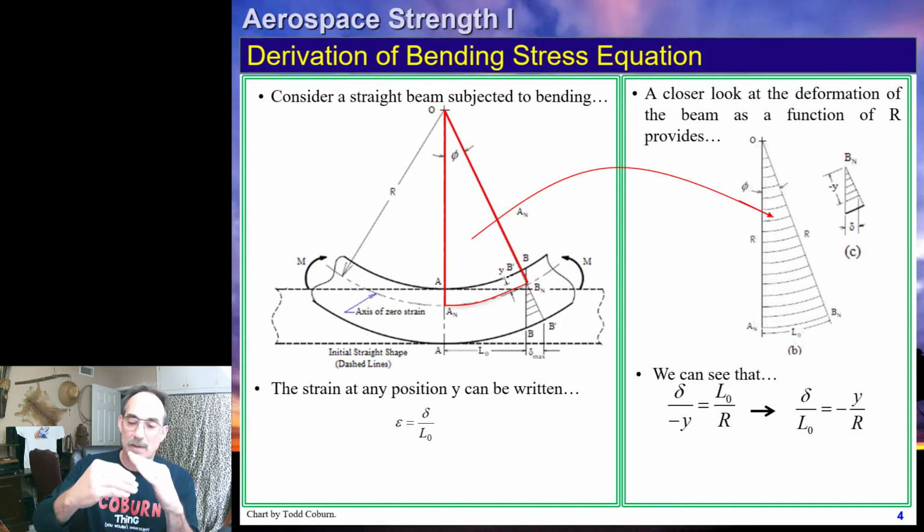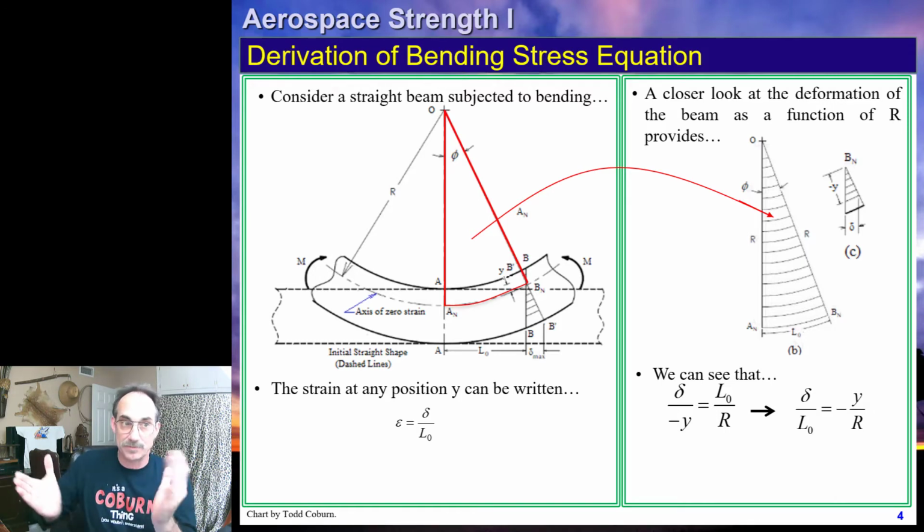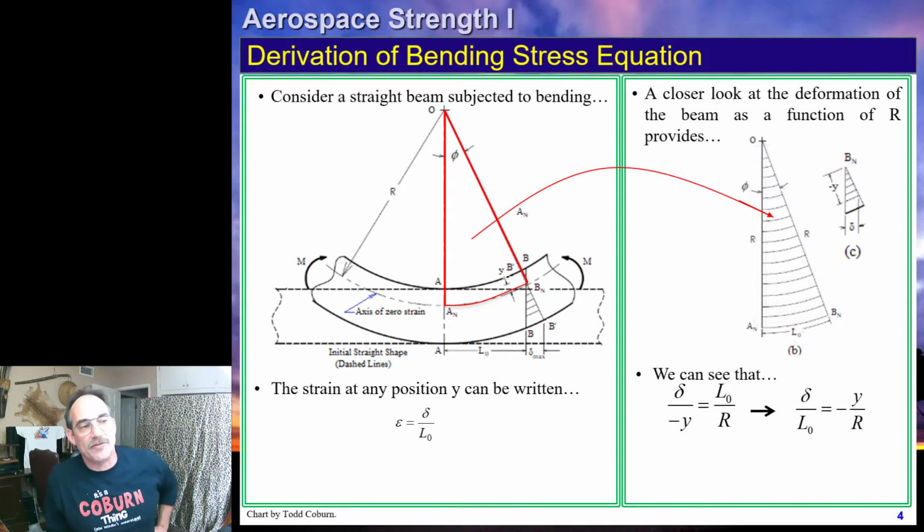Therefore, if we're on a point down below toward the outside of the beam where it's bending, that's going to be a negative y. So this deflection divided by the negative y is equal to the original length divided by the radius of curvature. That's just a trig relation. We can rewrite that in this form, delta over L equals negative y over r.